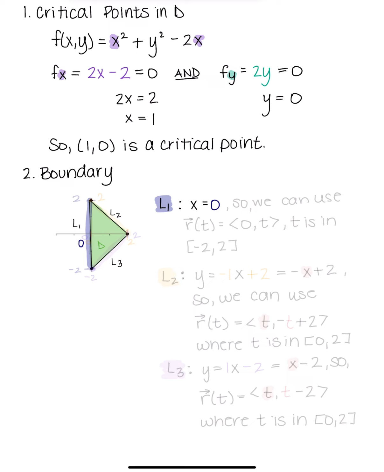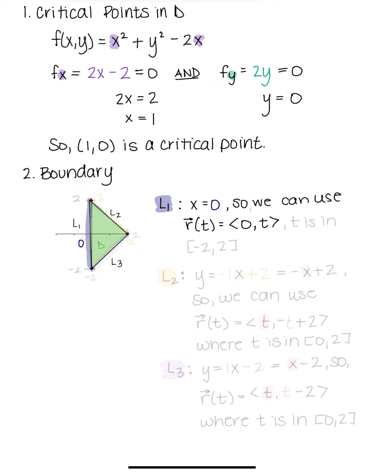Okay, so what would we use? Remember, we need a parametric equation. So we can use an r of t. For our parametric equation, remember we need components: a 0 for our x and just a t for our y, because the y values do change.